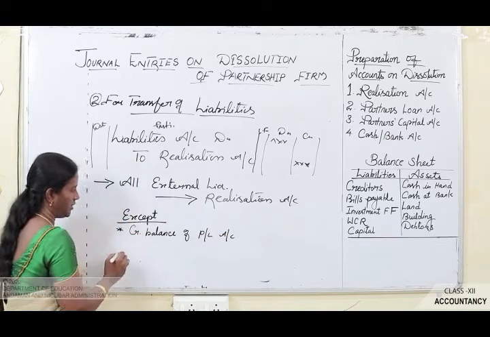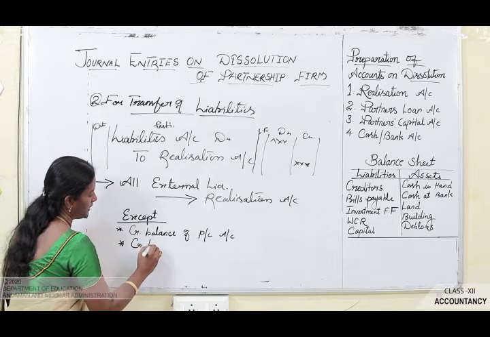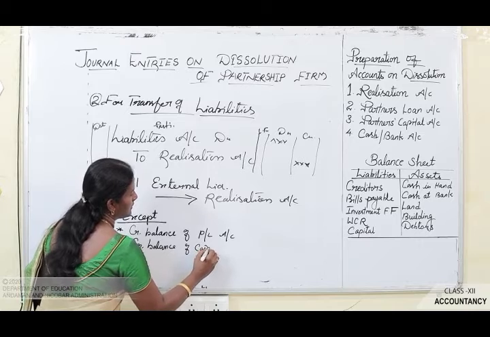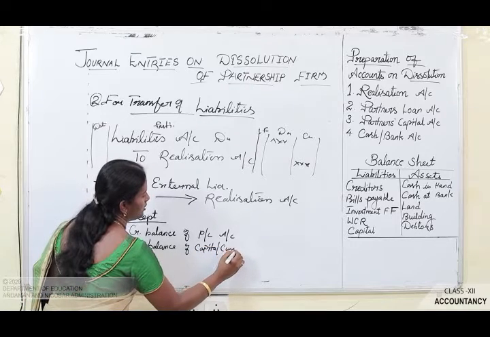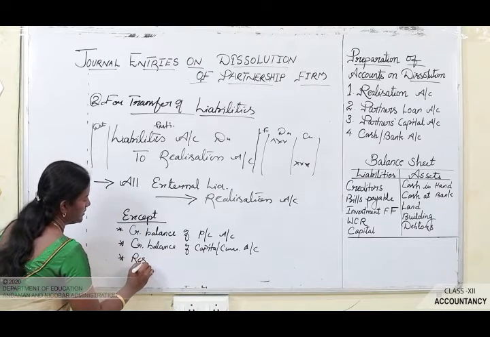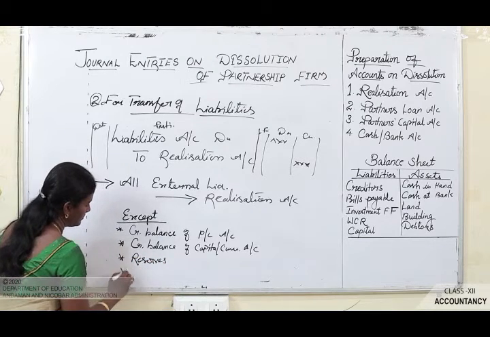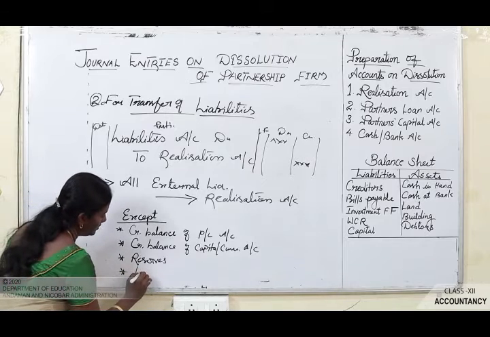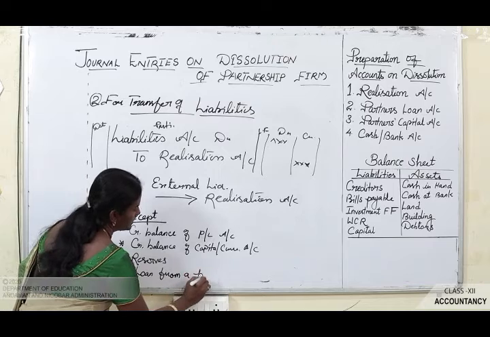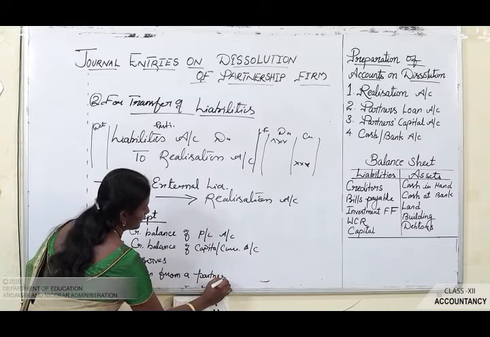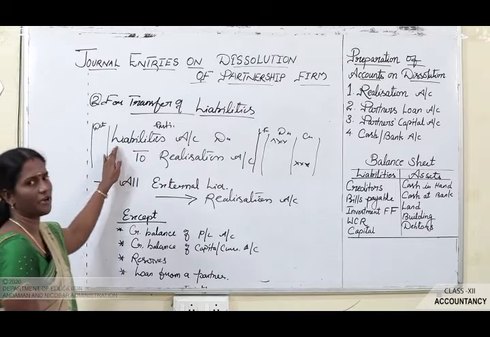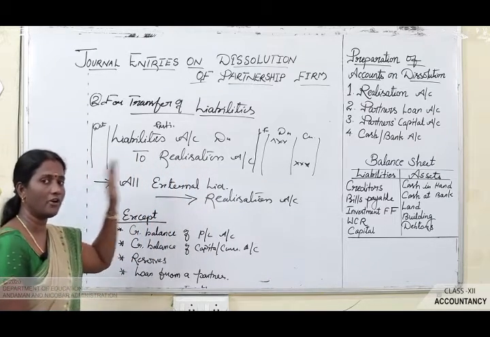Okay, they are: credit balance of profit and loss account, credit balance of capital or current account, reserves if any, then finally loan from a partner. Okay, so liabilities will be transferred to the credit of realization account, but not all the liabilities.